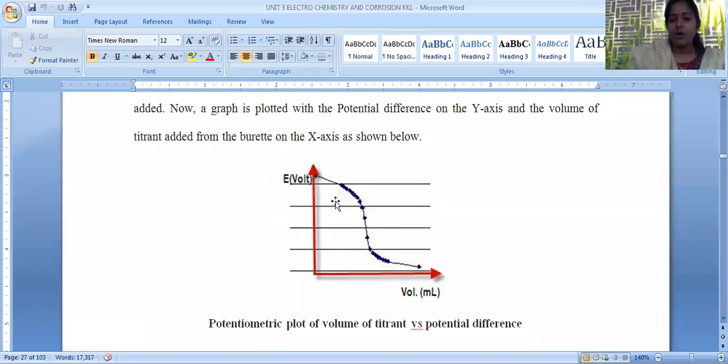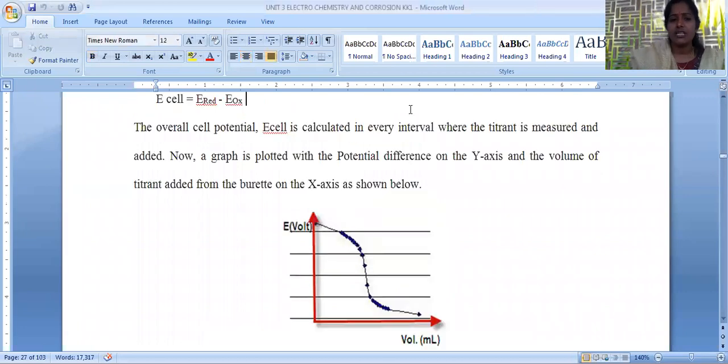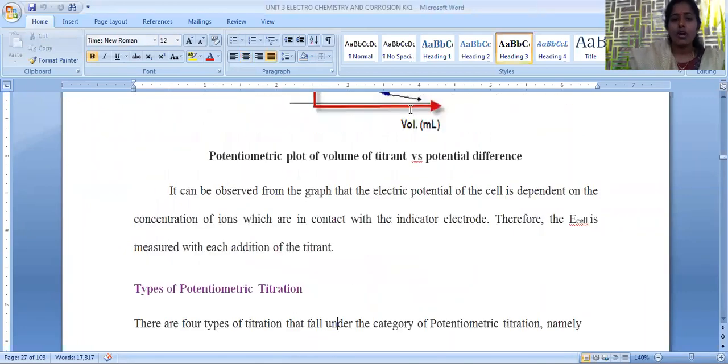When this graph is plotted, where a sudden change in the values is observed, the point of inflection can be taken as the endpoint. From this endpoint, we can determine the concentration. It is a very accurate method compared to the traditional volumetric method.